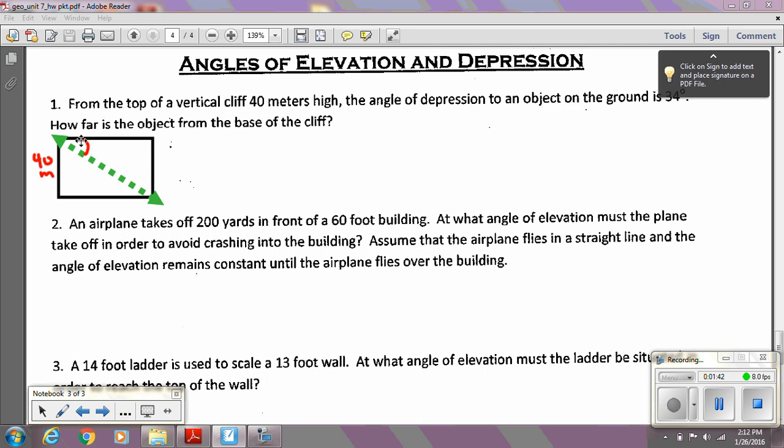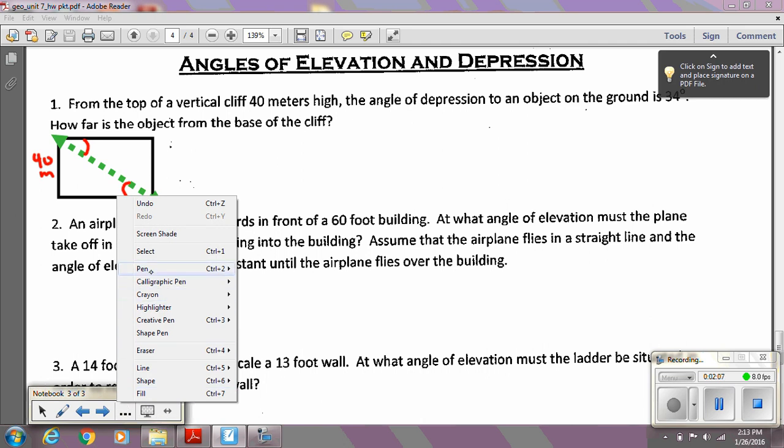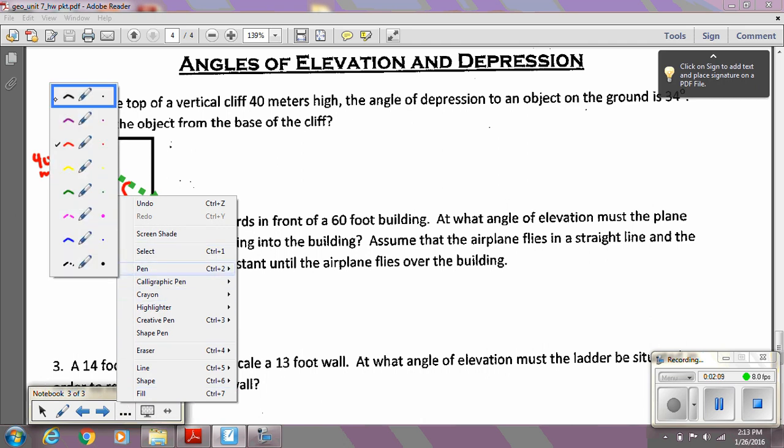And since we've drawn a rectangle, the angle of depression is congruent to this angle down here because they're alternate interior angles. So the angle of depression is 34 degrees. So that means both of those angles that I've highlighted are 34 degrees. So you might want to put those on the picture too.